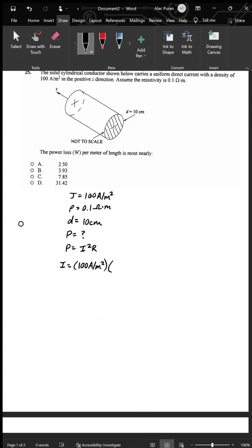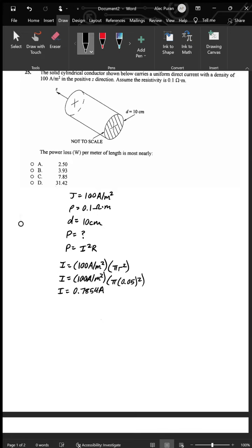So if we plug that in, 100 amps per meter squared times pi times 0.05 squared, that gives us I equals 0.7854 amps.